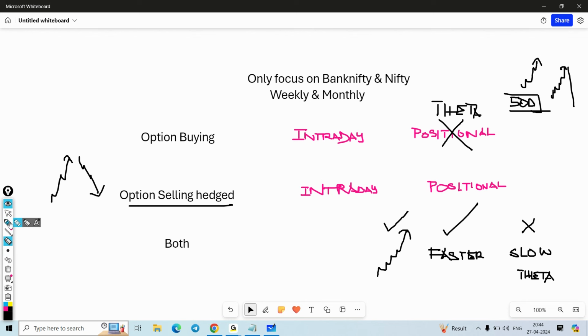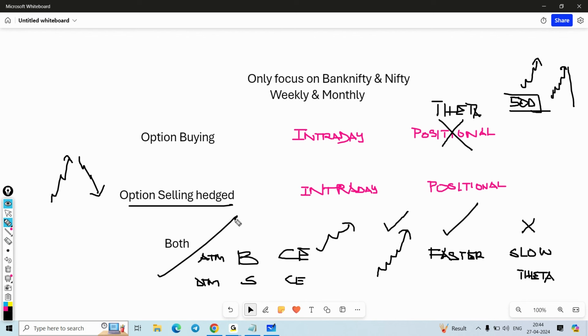In option buying positionally, we cannot do any kind of hedging. If you want to hedge, you buy an option and sell a far OTM option. If you are buying a call option, expecting the market to move up, and you sell a far OTM call option, buying an ATM call and selling an OTM call, this is still fine.